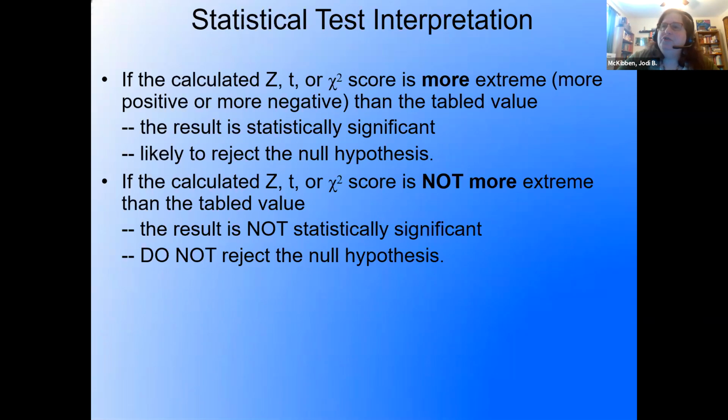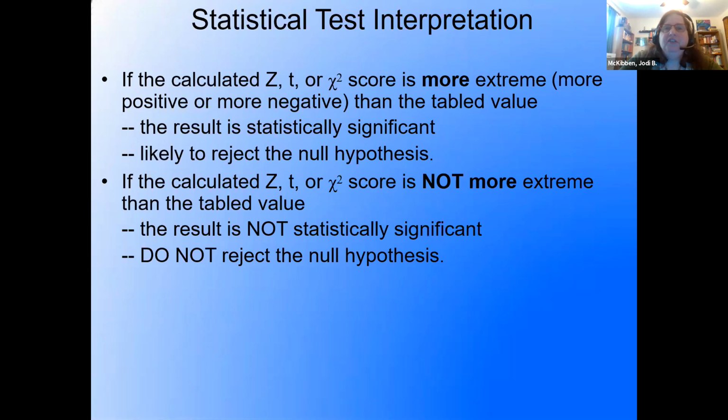I didn't have you do hand calculation for the correlation, the R, or for regression, which is also an F statistic. Okay. So let's just talk about the ones where we did do hand calculation, which is the z-tests, the t-tests, and the chi-square tests.